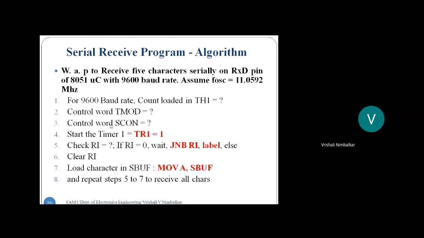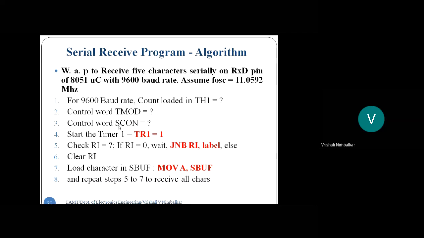Then write the control word for serial communication, the SCON control word. Now what is that SCON control word? We are going to receive 5 characters, and every character is an 8-bit ASCII code. So the serial reception is of how many data bits? 8 data bits. And the baud rate is decided by the user, so that comes under the category of variable baud rate.